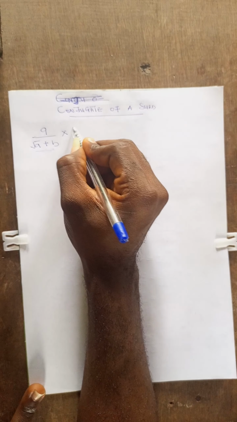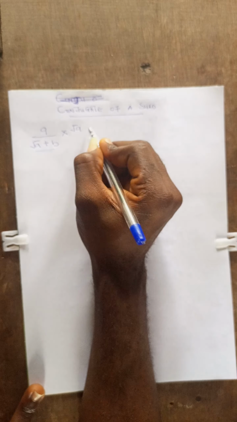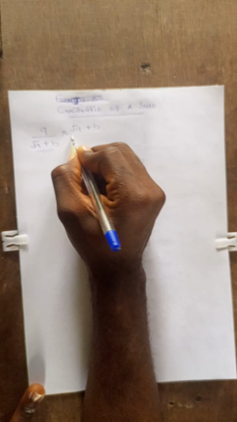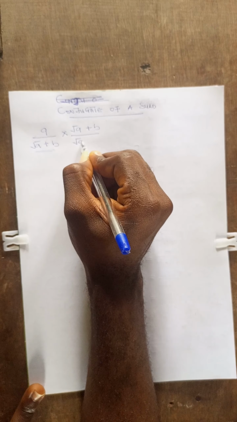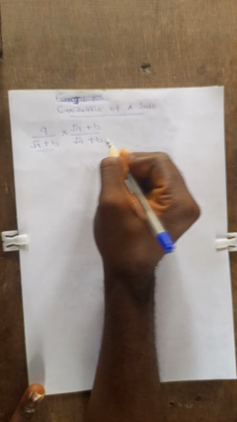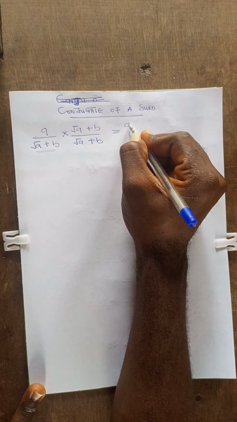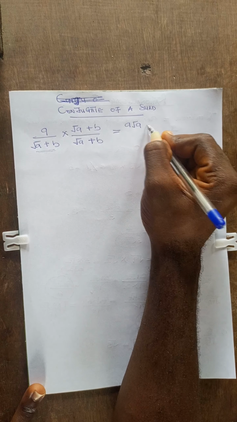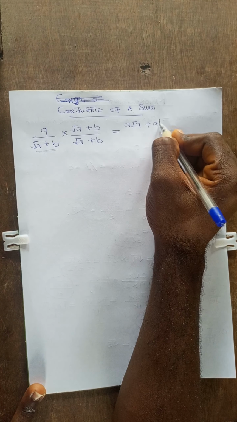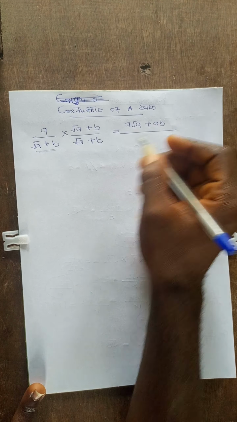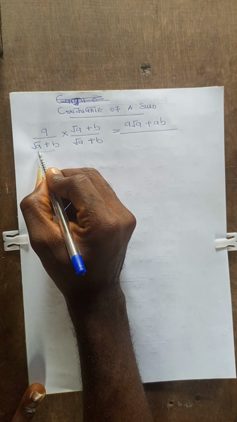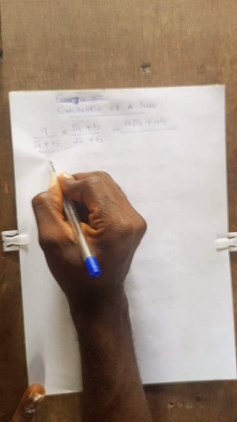So if you multiply both sides by root A plus B all over root A plus B, what you get here is A times root A, you get A root A plus A times B, you get AB, all over. You multiply this by this, as we have done before, then this by this.